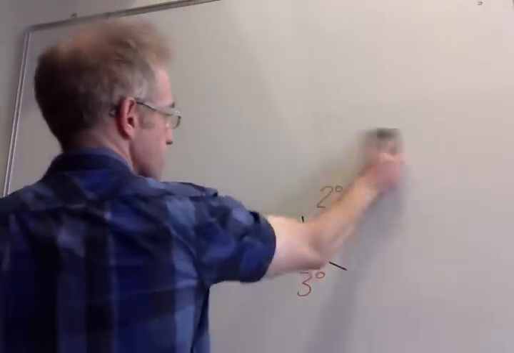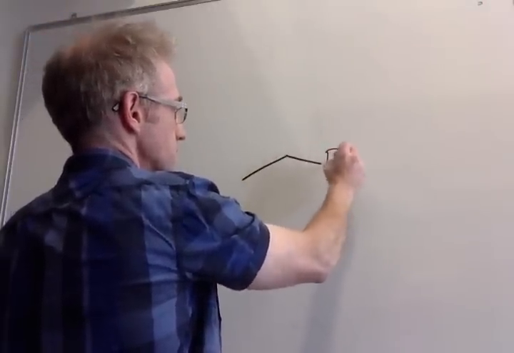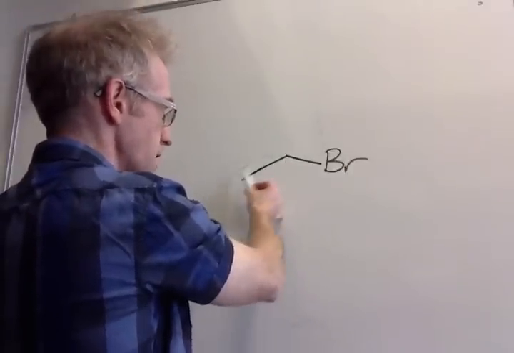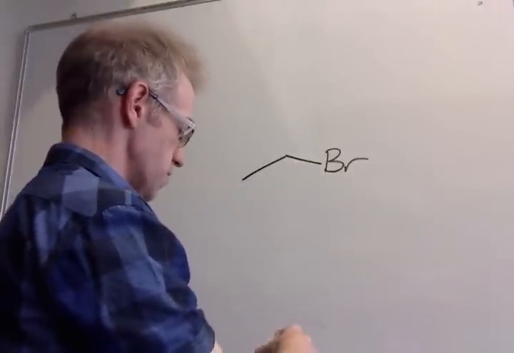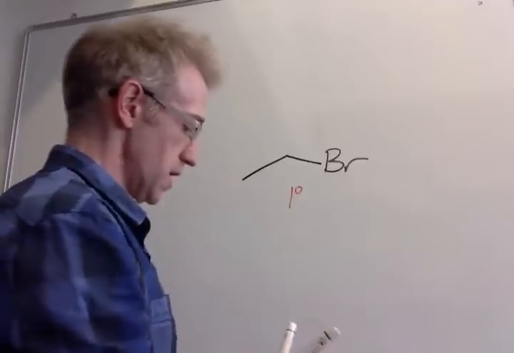If we extend the terminology to alkyl halides, then what we're talking about is how many alkyl groups are attached to the carbon where the halide is attached. So here we've got a bromine attached to a carbon. There's one alkyl group attached here. So we call that a primary alkyl halide, an alkyl bromide.